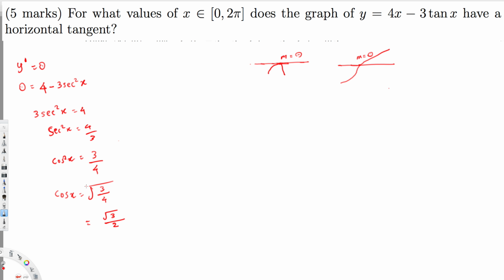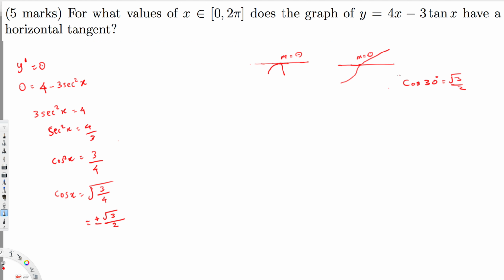Since we are taking this out of a square root, this can be plus or minus. This is the value we have to find. We know that cos x equals root 3 by 2 at 30 degrees, right? That's the general thing to remember: cos 30 is equal to root 3 by 2.